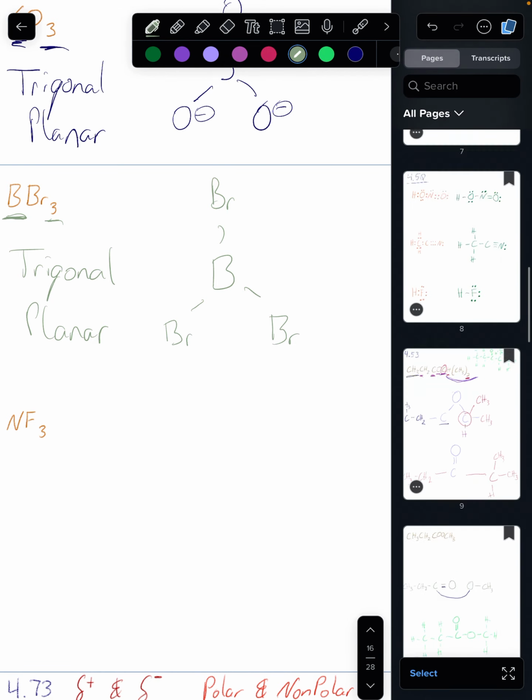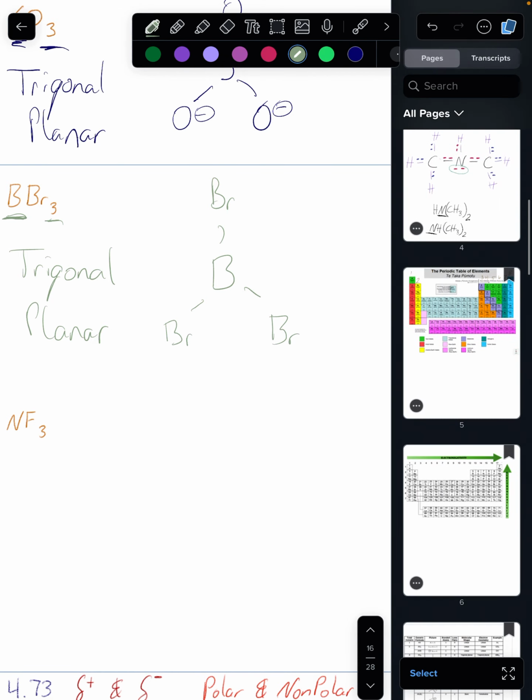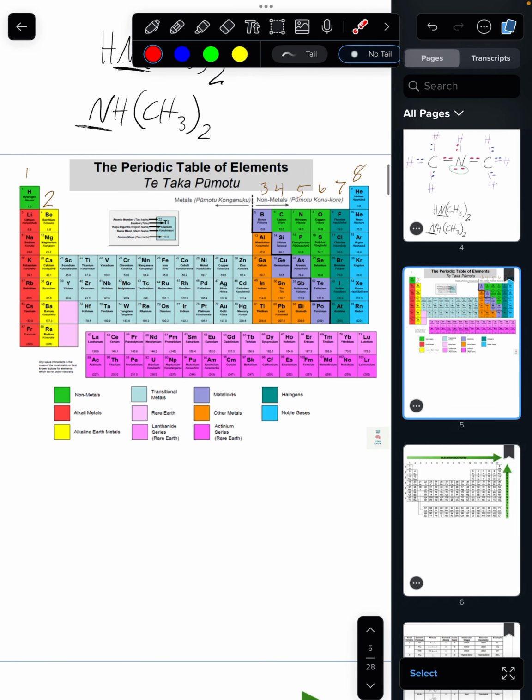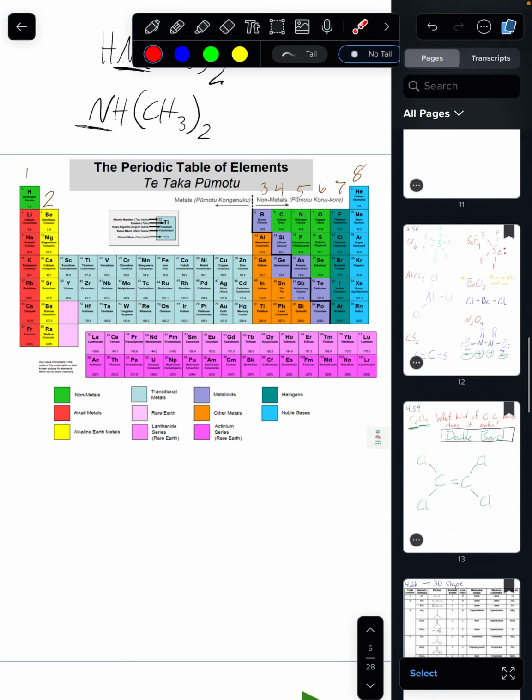And we can go double check. So, we have a boron, which is 3 anyway, so it's actually happy. And then we have our bromine, which is 7.